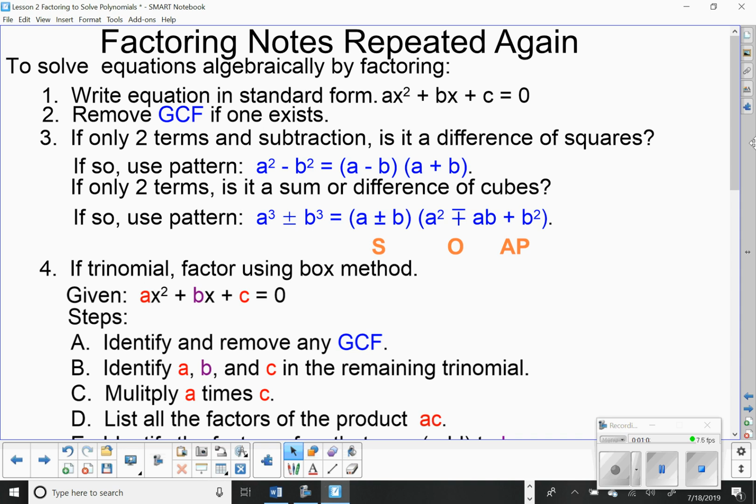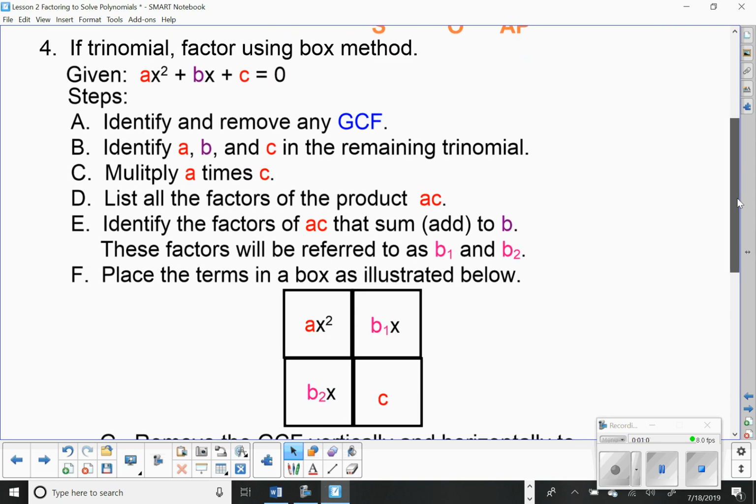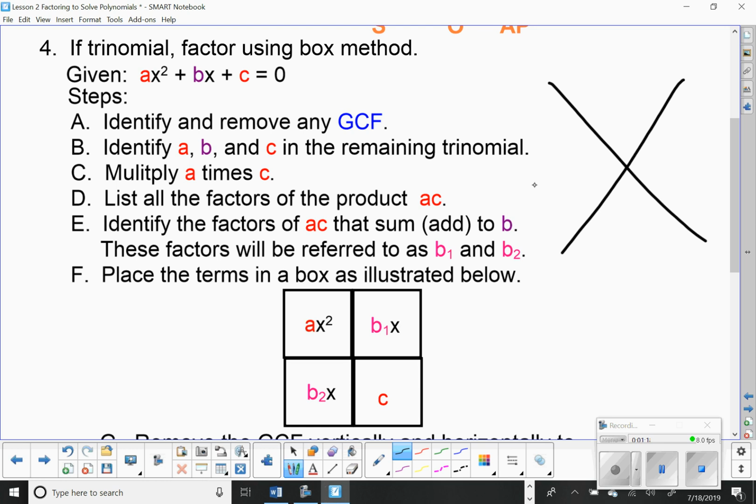Now, if it's three terms or a trinomial, factor using the box method. Here I've got the box method. You can also use the star. That means that you multiply A times C and put it here. You put B here, and then AX here, and AX here. Remember, it's x squared, but you're just doing AX.